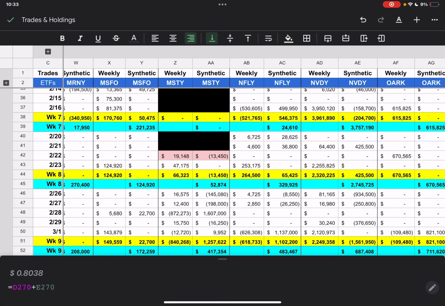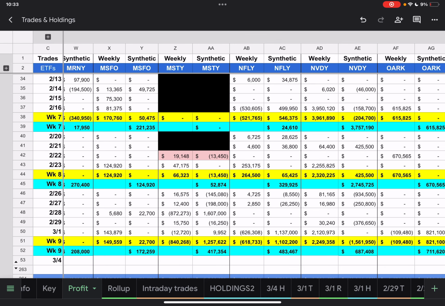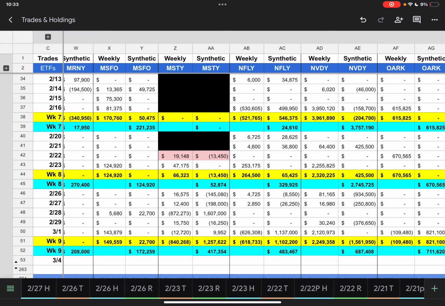So since on this one I did the holdings the morning of, what it said the holdings would have been, the market value, for example. Actually, I should just show you. So that is February 22nd, sorry.